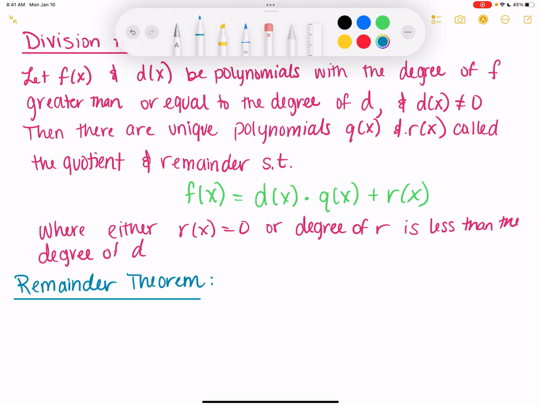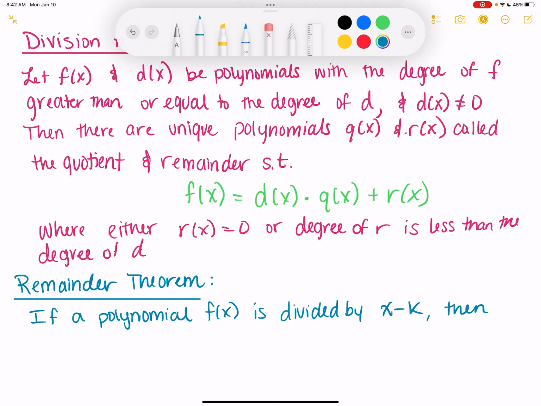If a polynomial f of x is divided by x minus k, then the remainder r is equal to f of k.